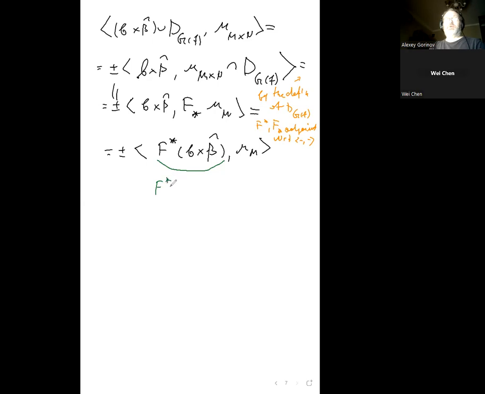Well, this thing is the same as Pm upper star of b cup Pn upper star of beta.